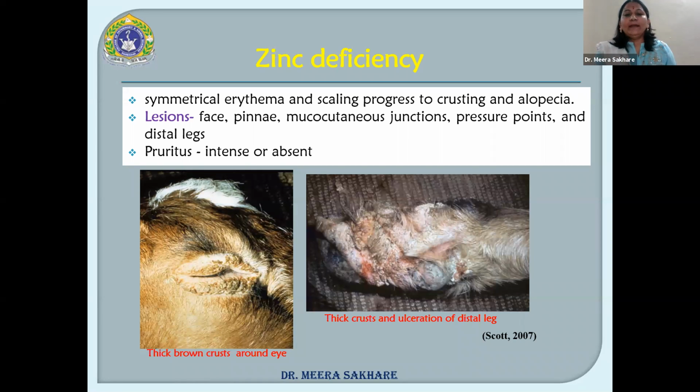And pruritus, in case of this nutritional deficiency, is generally absent. Once it is invaded with secondary bacteria, pruritus may be intense. So according to the invasion of bacteria, we can find itching.